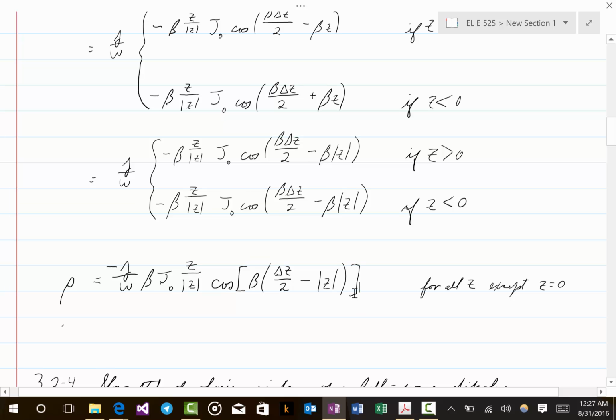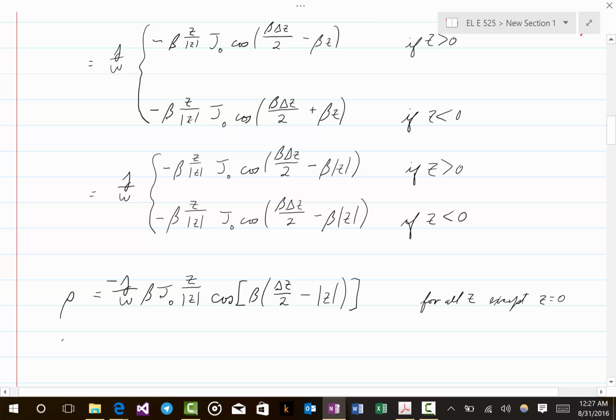And that is good for all values of z where we have this short dipole antenna, but now at the terminals, where z is equal to 0, we don't try to use this formula. And of course you can see why here. Z divided by absolute value of z is not defined when z is equal to 0, but that's really not a problem for us, because the antenna exists for z greater than 0 and for z less than 0.